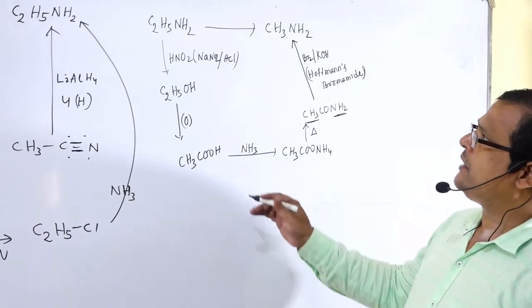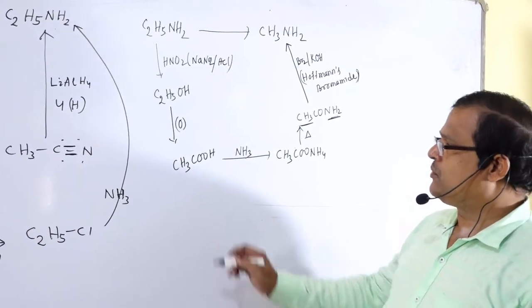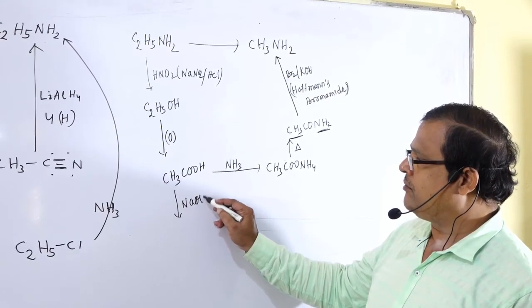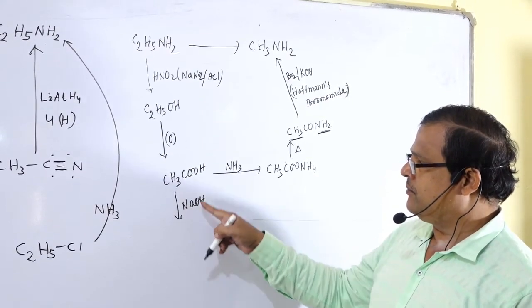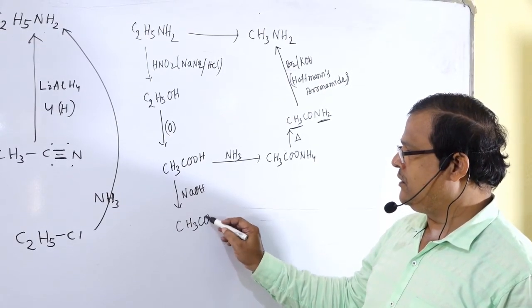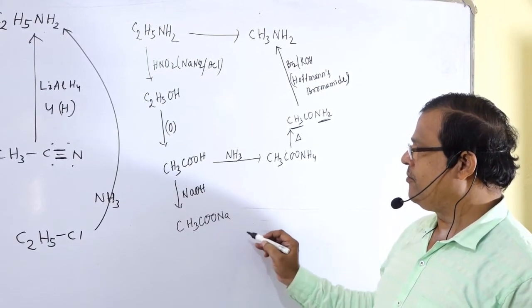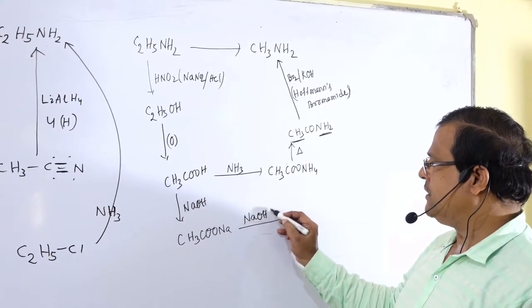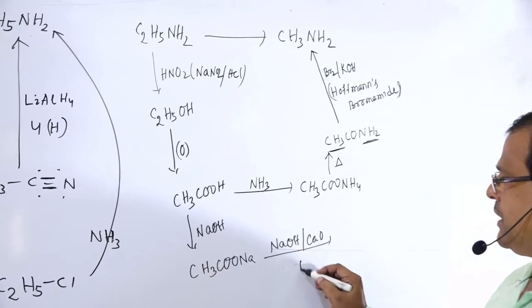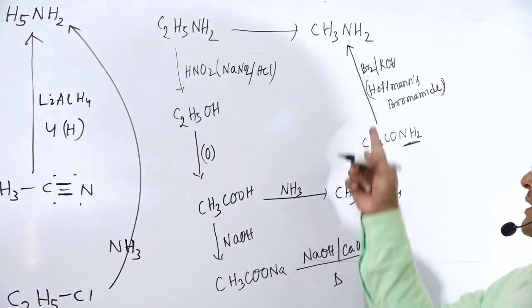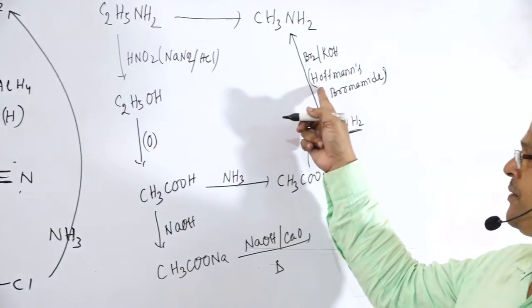Now another method from the same acid: it is treated with sodium hydroxide, an acid-base reaction, forming CH3COONa. That is treated with soda lime, NaOH and CaO, with heat. Hofmann's bromamide reaction is a degradation reaction to decrease the number of carbon atoms.